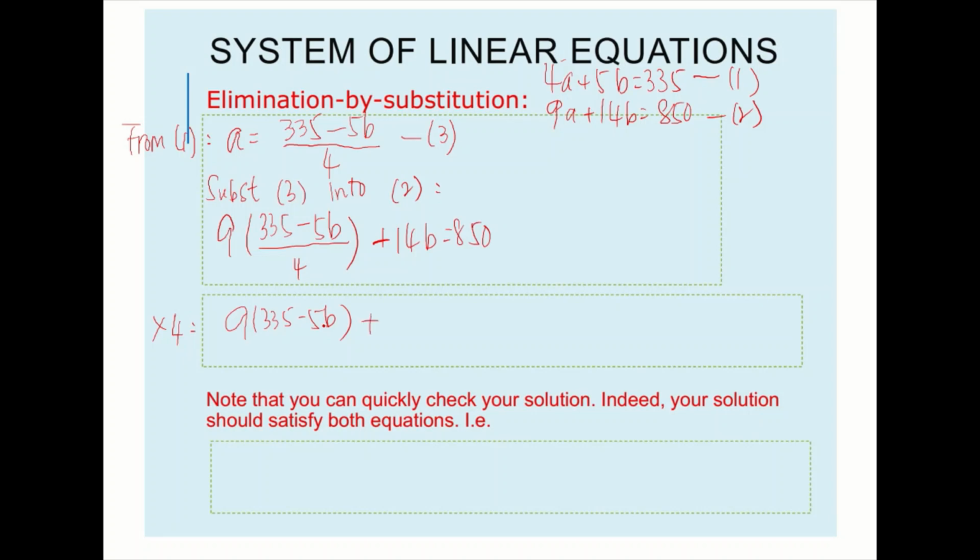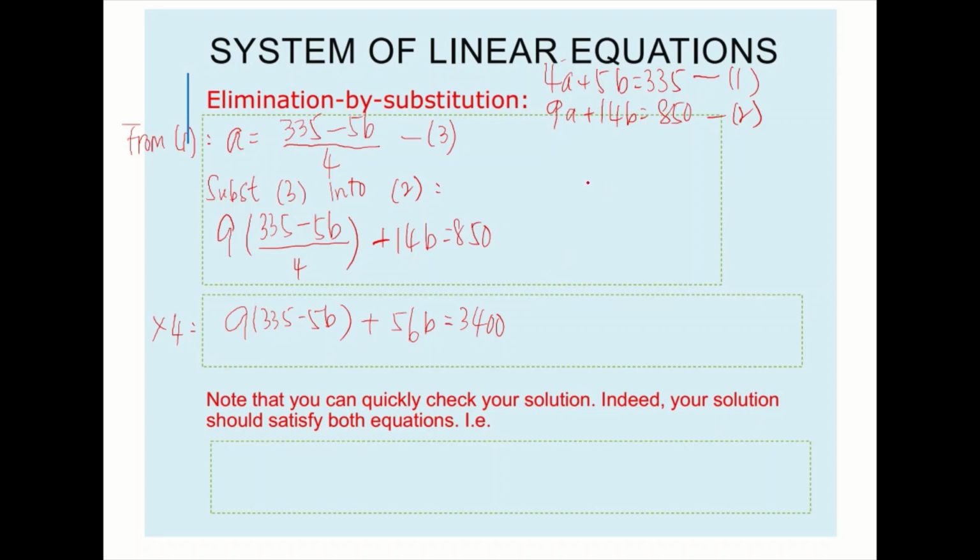Multiply 4 to 14b, we have 56b, and multiply 4 to 850, we have 3400.